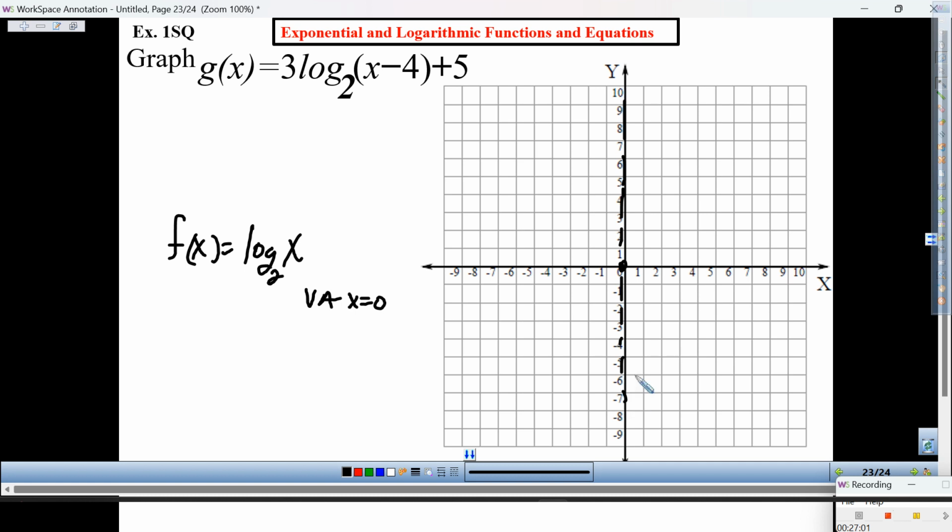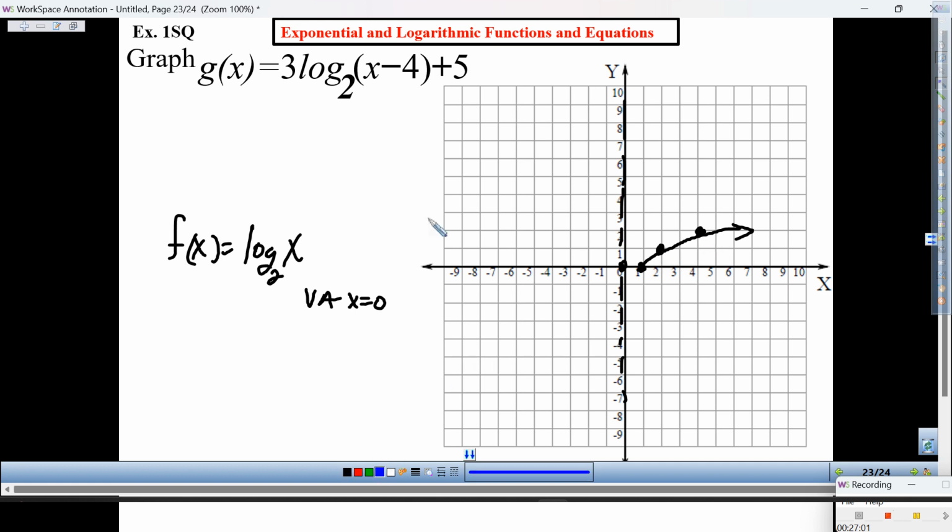And my 3 points for the parent function: 1, 0, 2, 1, and 4, 2. Okay, that's my parent function.